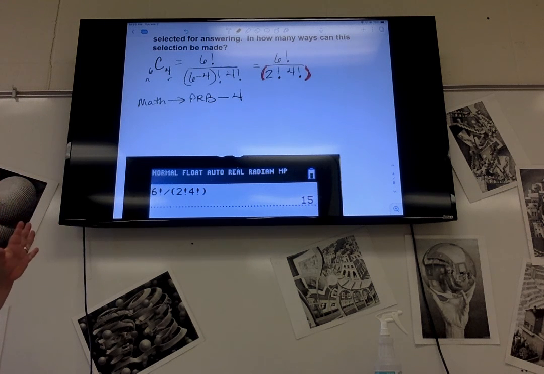Let me know if that's not what you got. You can't figure out what you did wrong. I didn't put the parentheses. Oh, okay. That happens. It will change your answer. So you have to put parentheses whenever there's more than one factorial. You have to put them together.